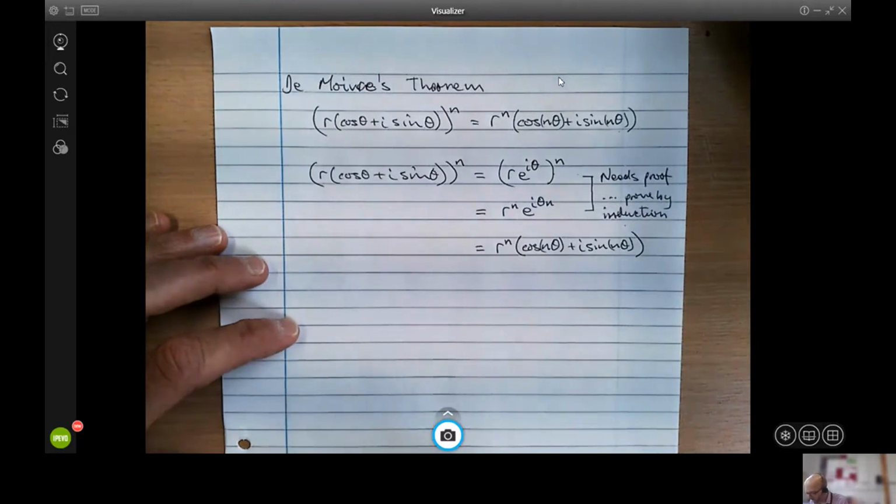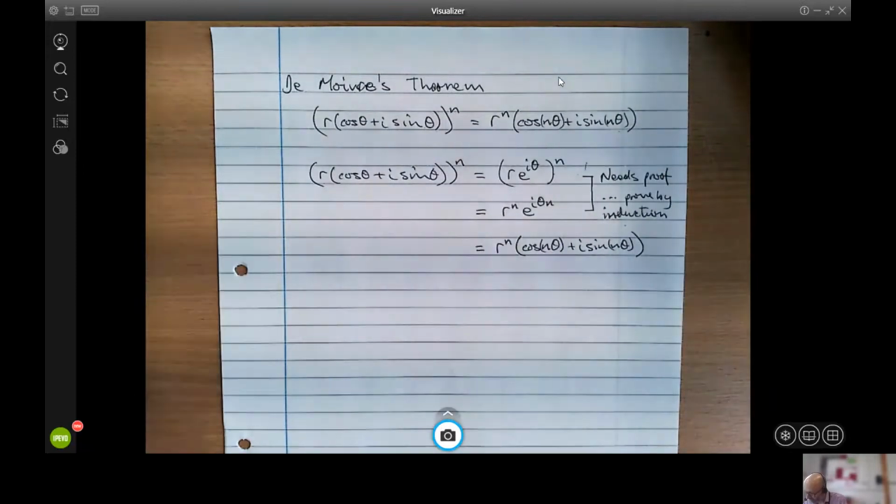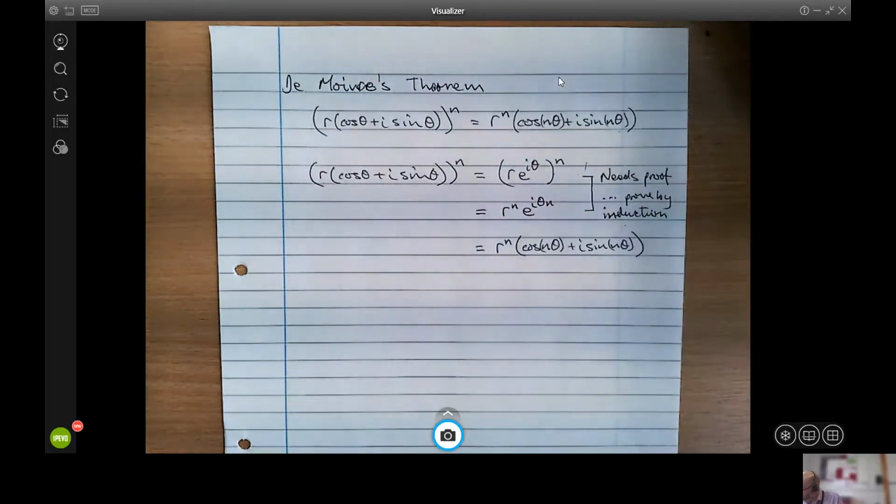So it's really just 2 or 3 lines to prove that once you've got this result for indices with complex numbers. De Moivre's theorem, we'll see, is very useful for proving trig identities, and also for using with series, complex series.